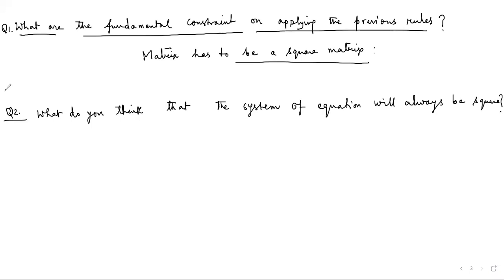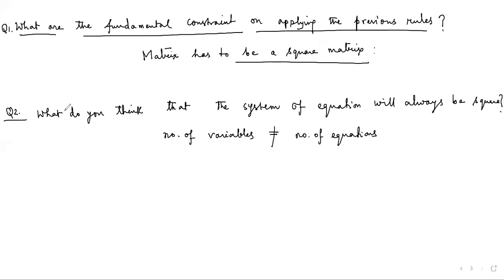Okay, so do you think that the system we will be dealing with will always be a square matrix? No, because there might be systems where the number of variables and the number of equations are actually not the same. They are different. One may be greater than the other, as the case may be.